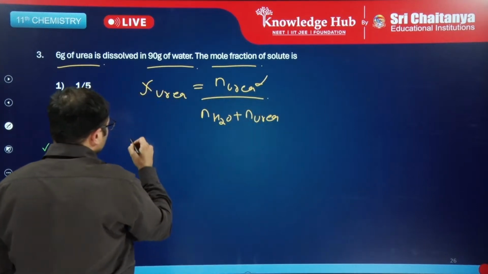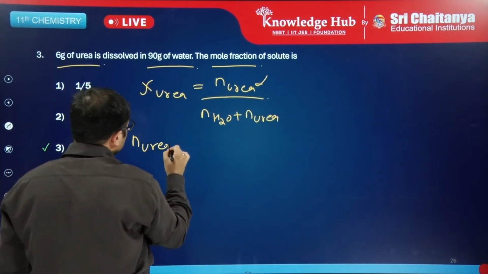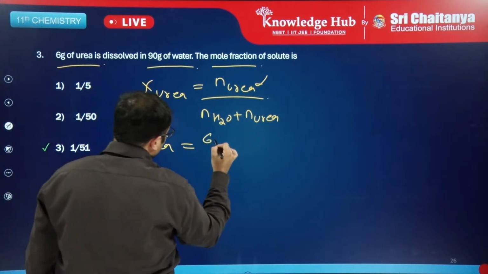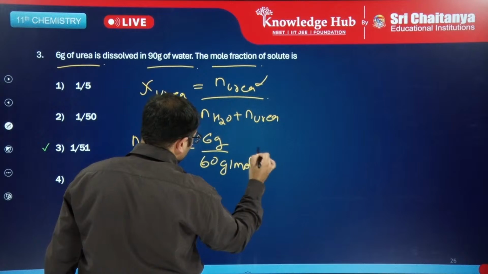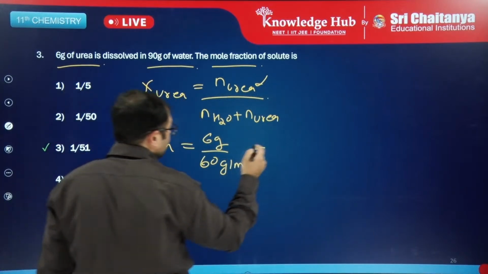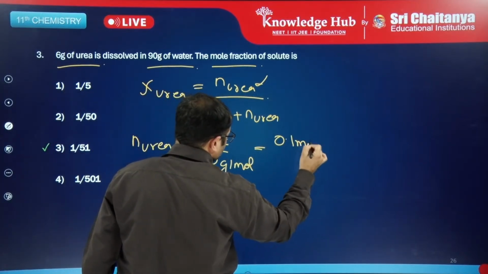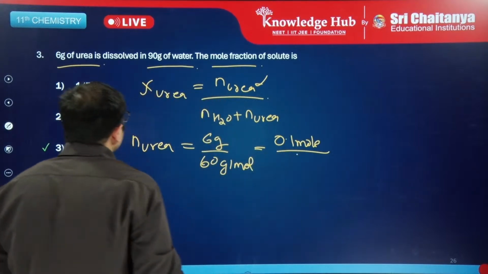So for that, calculate the moles of urea first. 6 grams by 60 grams per mole. The molar mass we just calculated, 0.1 mole of urea.